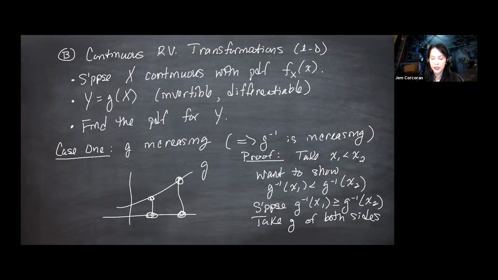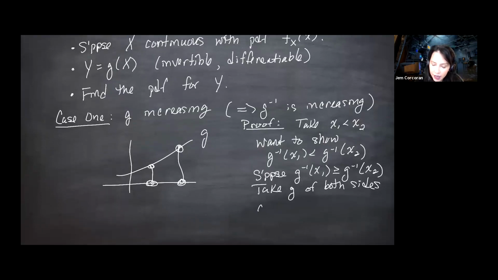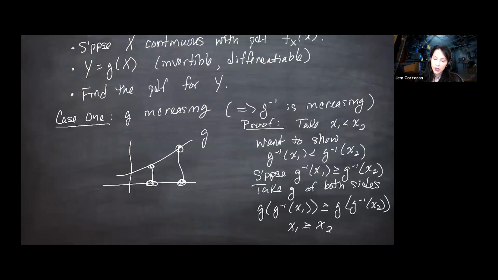So take g of both sides here, and I guess I might as well finish. It's only one more line. Because g is increasing, it will maintain that order. And then you get cancellation, and you'll get x1 greater than or equal to x2, which is a contradiction from starting with x1 less than x2. Contradiction.